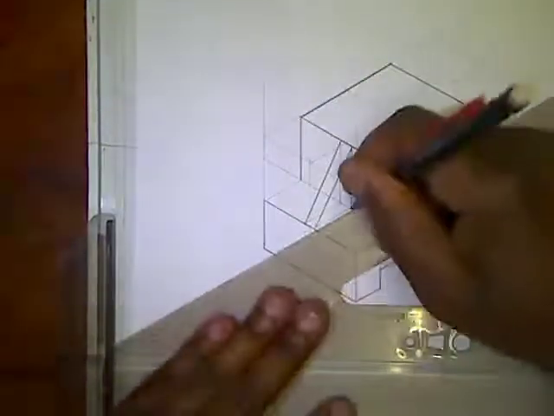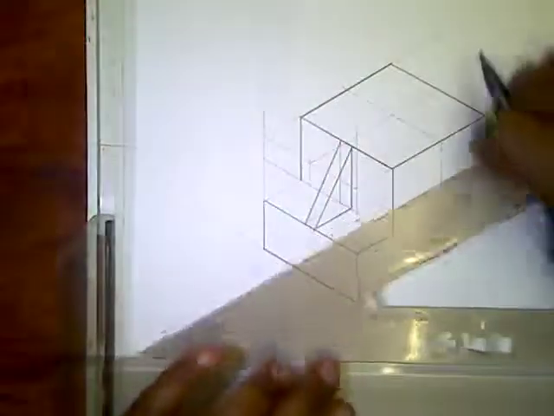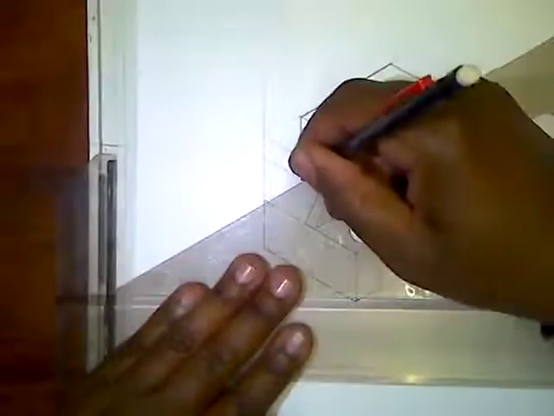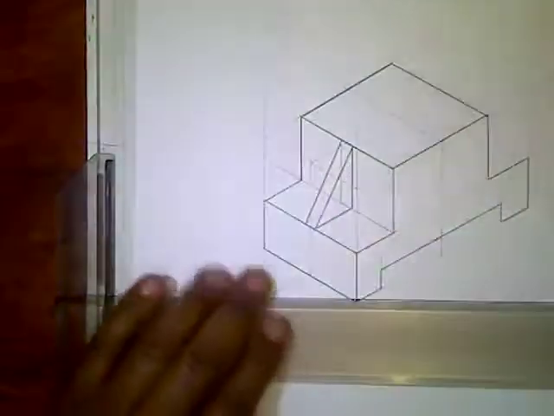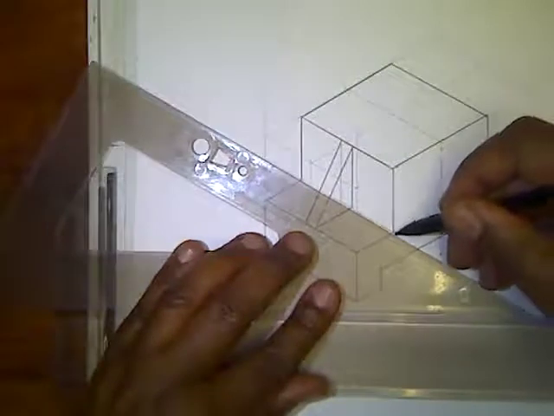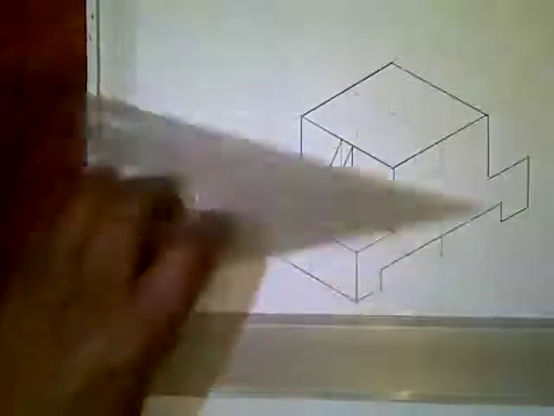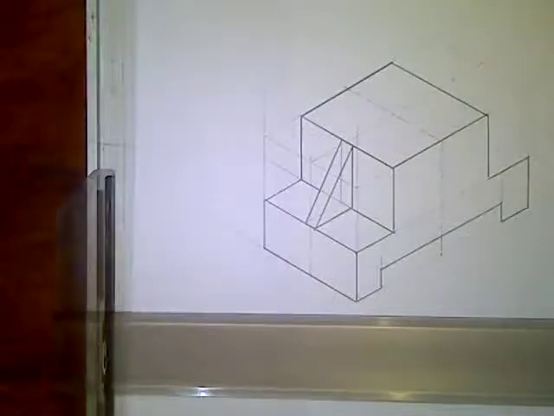Now I'm completing the web simply by using my 30 degree set square, 60 degree set square. There we are. And then I am now completing all my isometric lines. Those are isometric lines that I'm completing there.